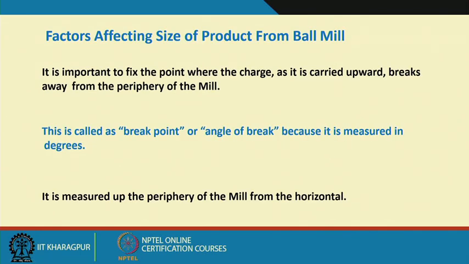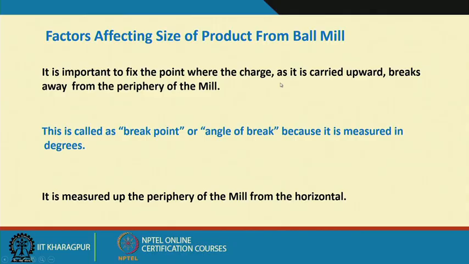What are the factors that affect the size of product from a ball mill? Now, it is important to fix the point where the charge, as it is carried upward, breaks away from the periphery of the mill. Because if it breaks away at a much lesser height, the impact on the particle will be less, and if it is too much, then they will fall outside the toe region.